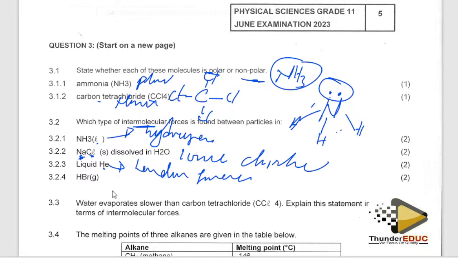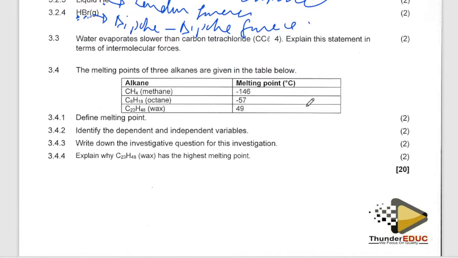And then they are saying this is hydrogen with the electronegative, a highly electronegative non-metal, so it is going to form dipole forces. Yes. So I think I'm done with that question.